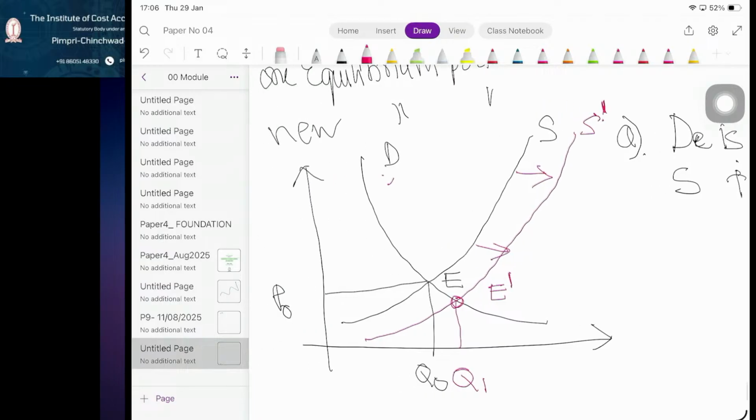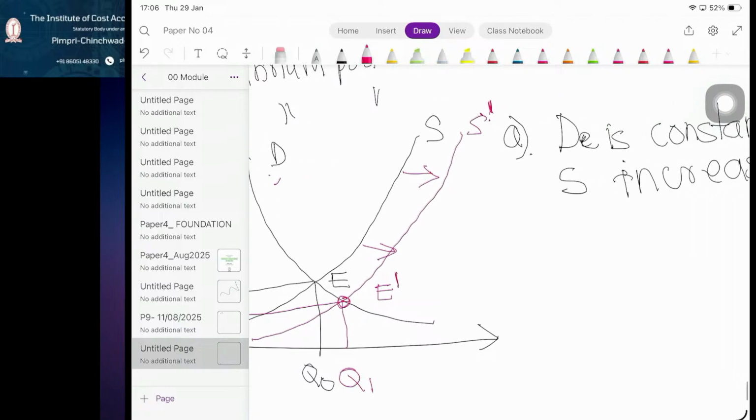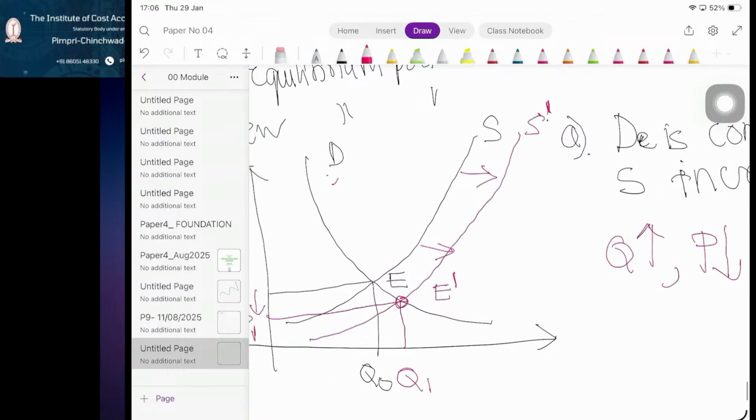Quantity has increased. What we have is quantity has increased and price has decreased. Got it? Is the graph clear?